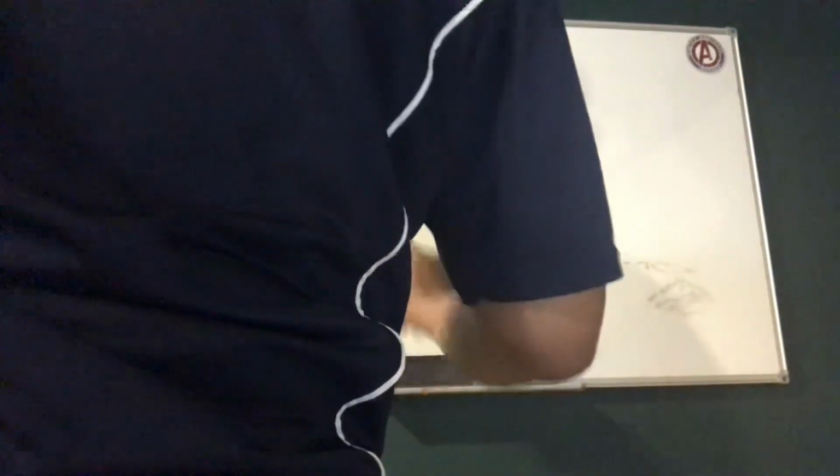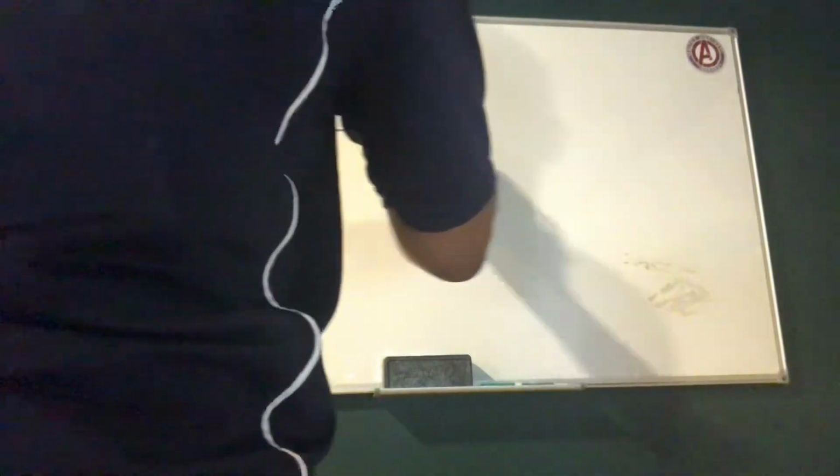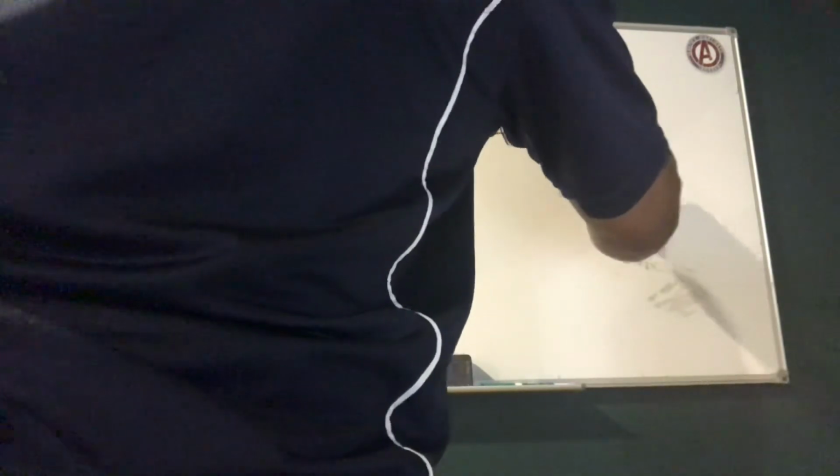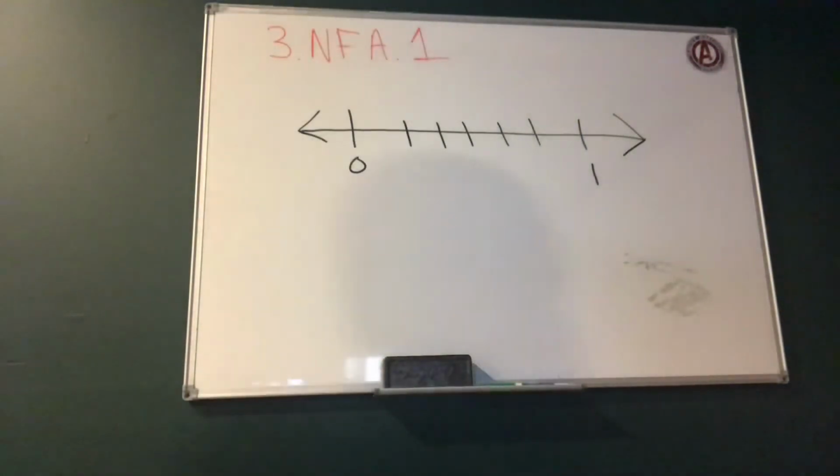Let's look at another one. I want you to label it and tell me what goes on each number line. Once again, start with 0. I want you all to label that number line.